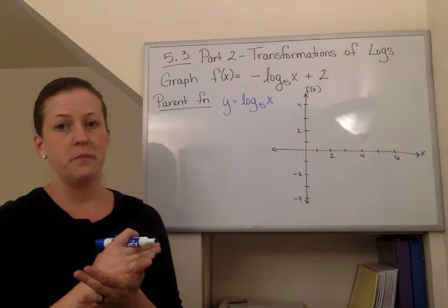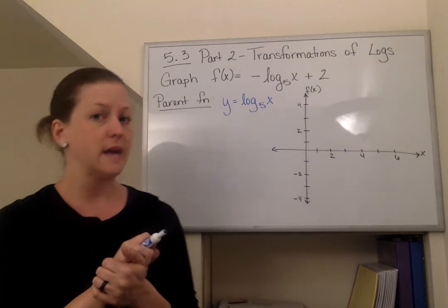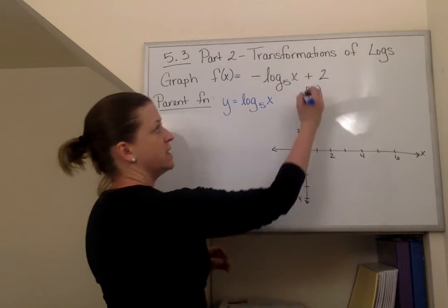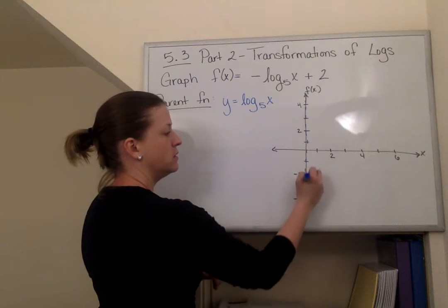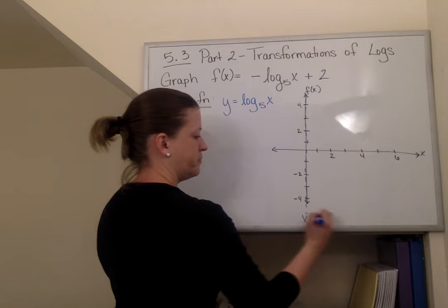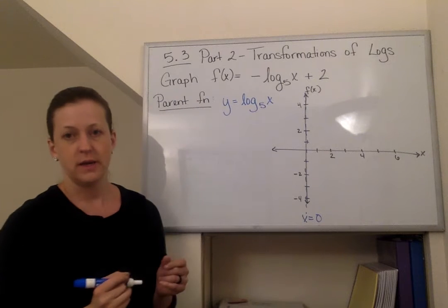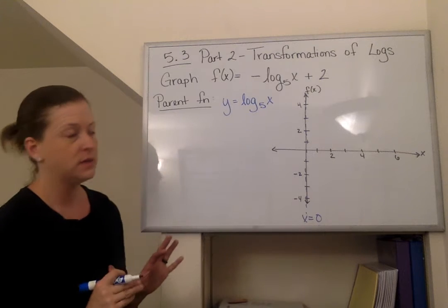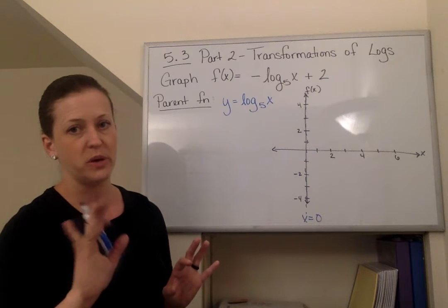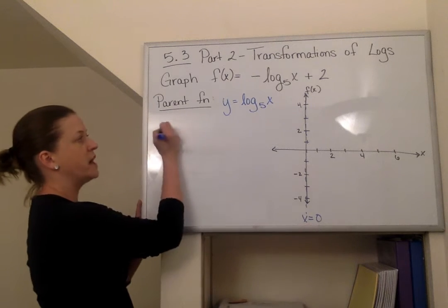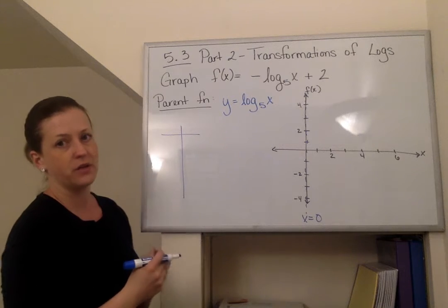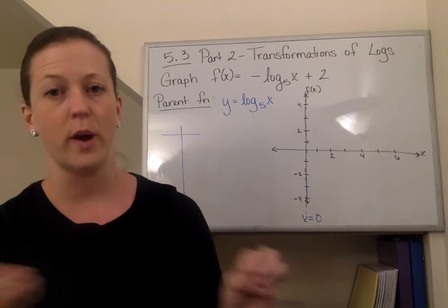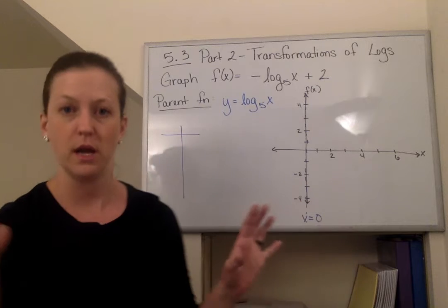Remember that a log always has a vertical asymptote at x equals 0. So start there. And then here's how I do my points. So if you just want to memorize the points, that's fine. But I like to show you just kind of how this works because it's a good reminder of where a log is coming from anyway.